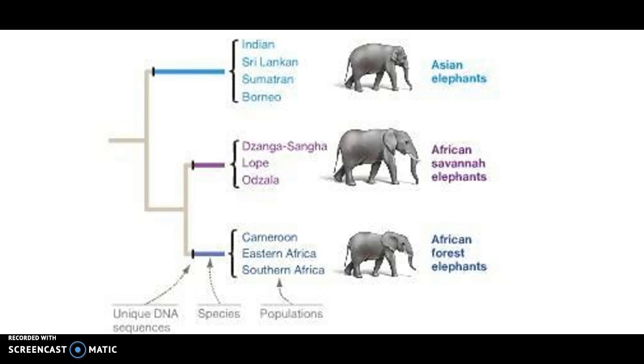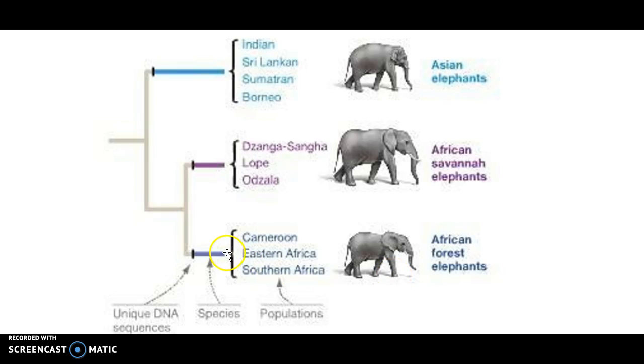And so, if we're looking at this, this is a phylogenetic tree of certain species of elephants, right? And so we have Asian elephants, which have their own characteristics, African elephants, which tend to be larger. And then we have African forest elephants, right? And so these three different elephants, they're all elephants, but they're all their own species of elephants.